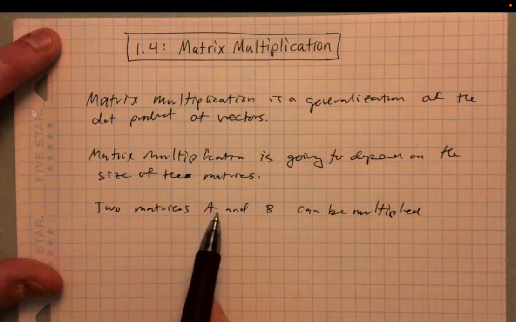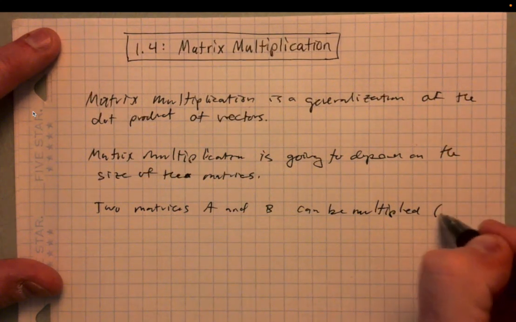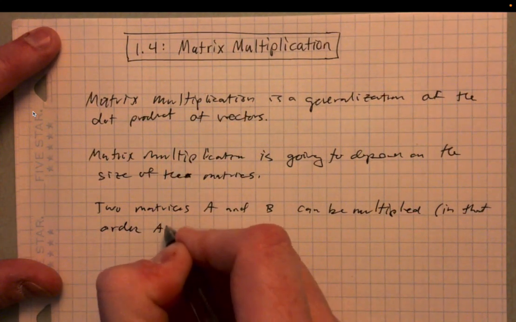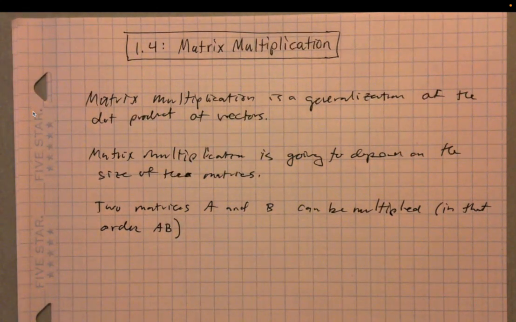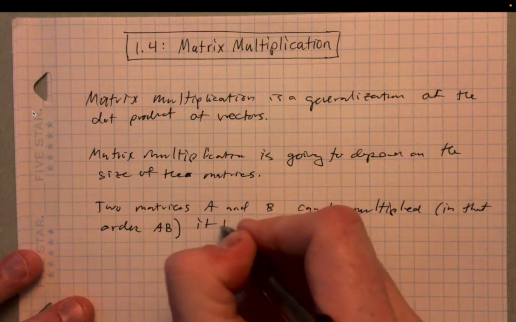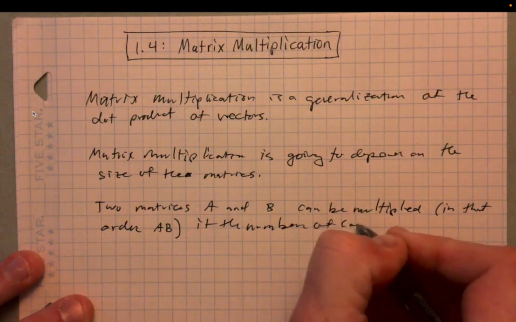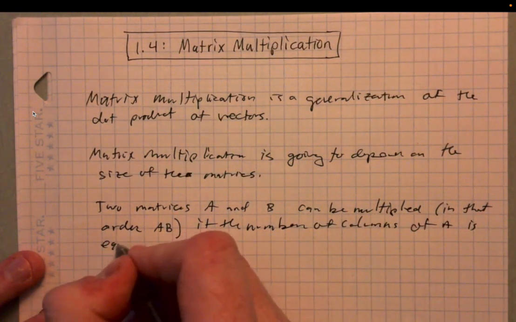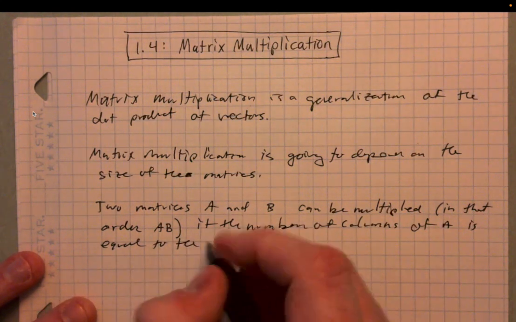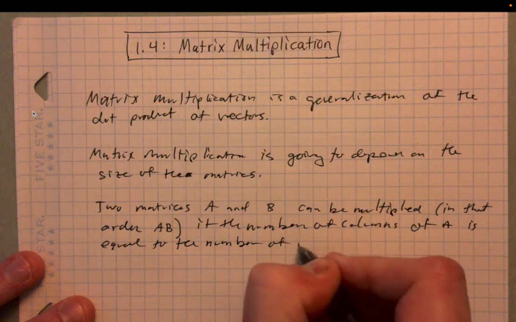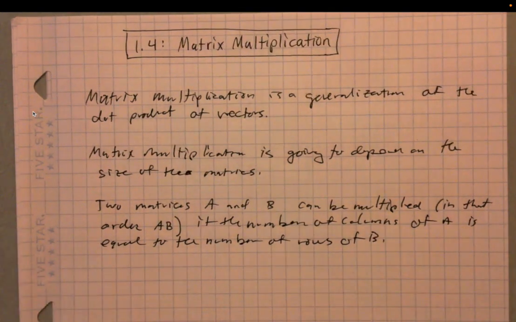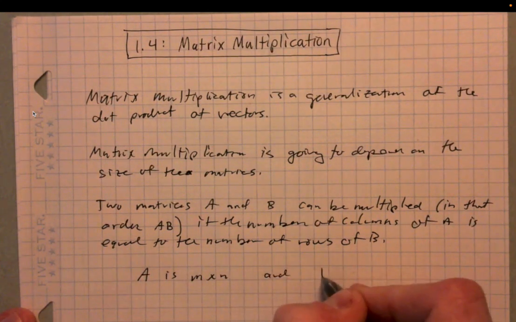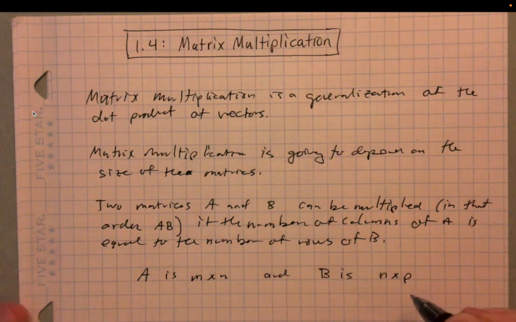And when I say two matrices A and B can be multiplied, order matters here, so I'm going to say in that order: A, B. They can be multiplied if the number of columns of A is equal to the number of rows of B. So let's say A is m by n and B is n by p.